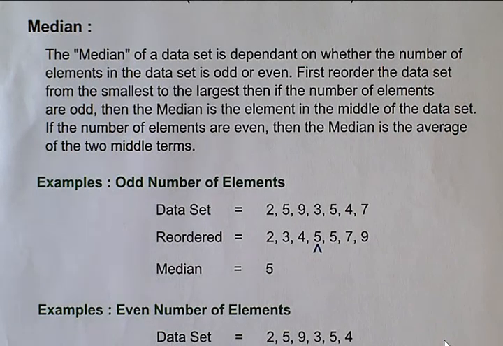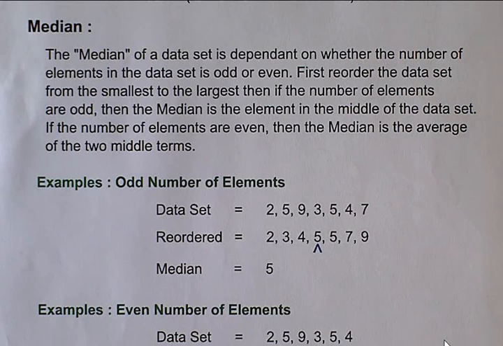On the problems that you have, they will not be in order. So you need to rearrange them, put them in order, and then count to see if the number of elements is even or odd. If it's odd, that's easy. All you have to do is find the middle value, and that middle value then is your median for the set.